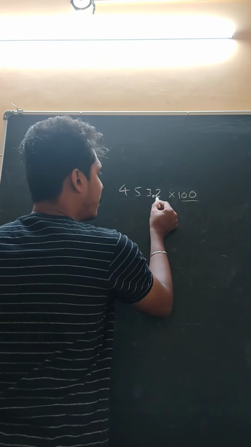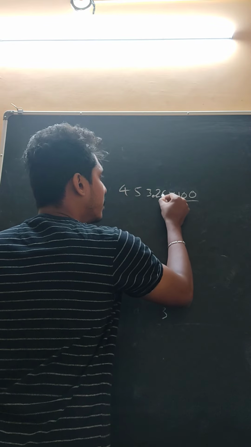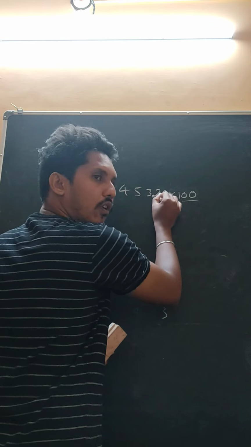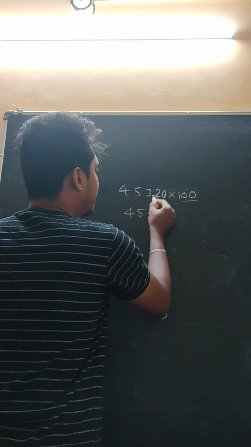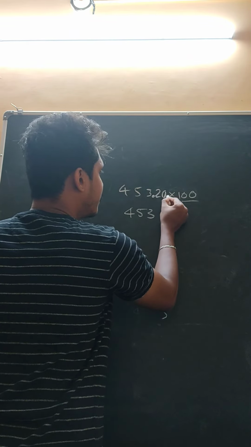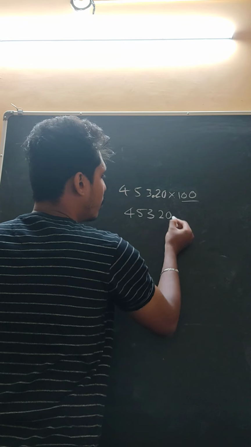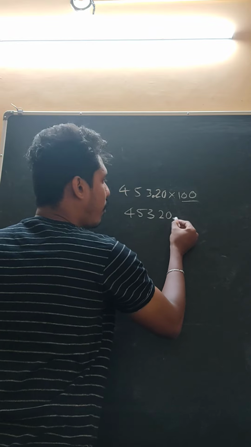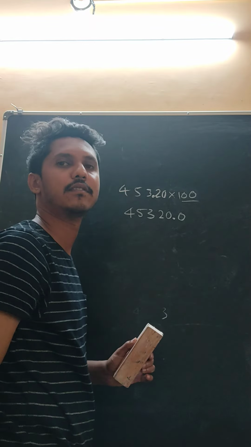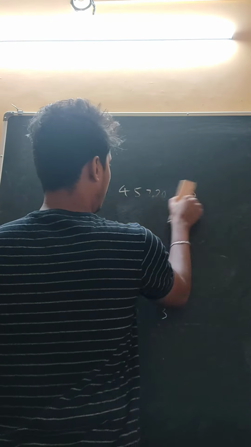If one house is available, the second house will be 0. This 0 doesn't have value. So this decimal point will be shifted after this 0. 453.20.0 it becomes. Okay, fine.